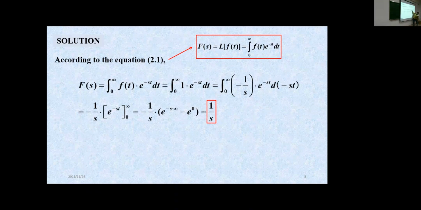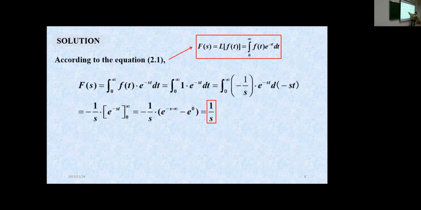We should first take 1 divided by s times minus 1 out. Then things become like that. We just do minus 1 divided by s times e to the negative st from 0 to infinity.